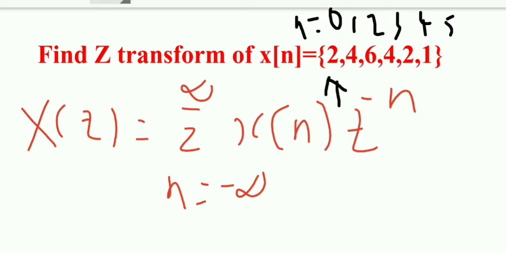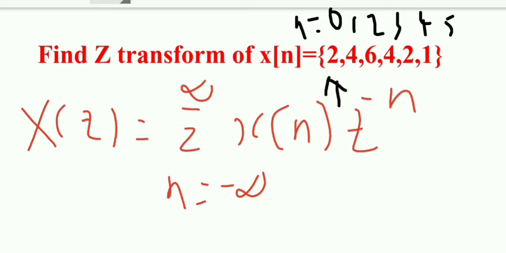If they don't give an arrow mark in the x of n, the first sample is n is equal to 0, all the samples to the right have positive n, and all the samples to the left have negative n. So I put n as 0, 1, 2, 3, 4, 5 here.